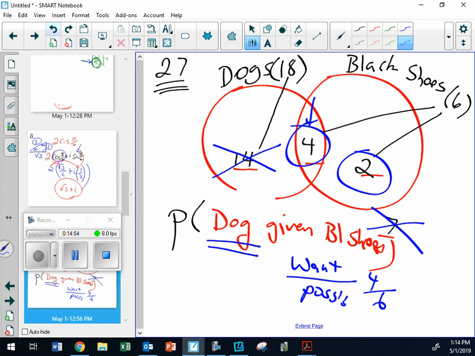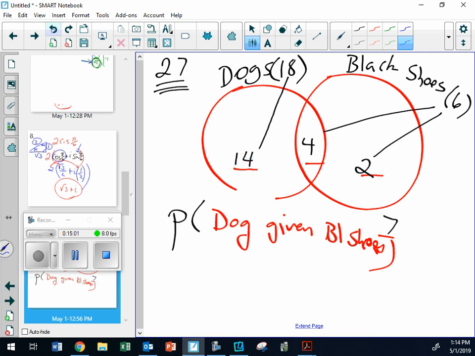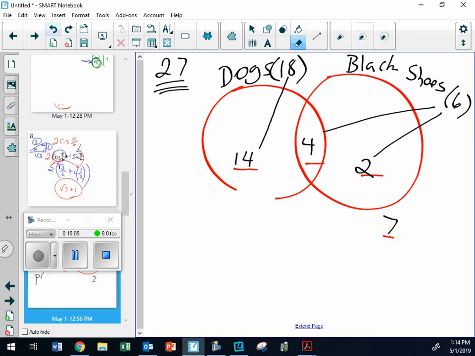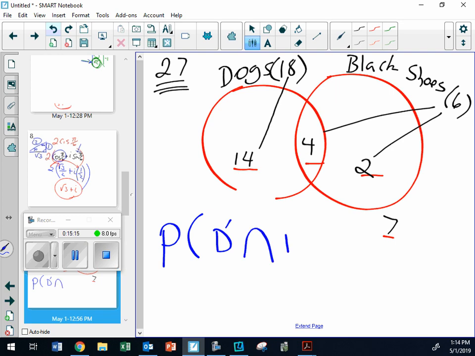Okay, so I'd like to do the hardest kind of them all. You ready? Let's see if you're ready. What is the probability of not dog intersect not black shoes given dog?